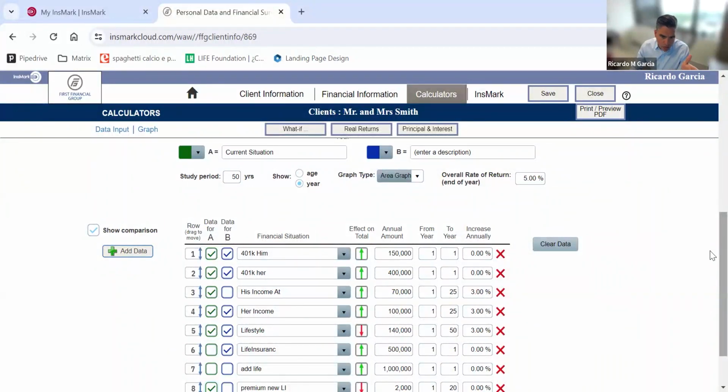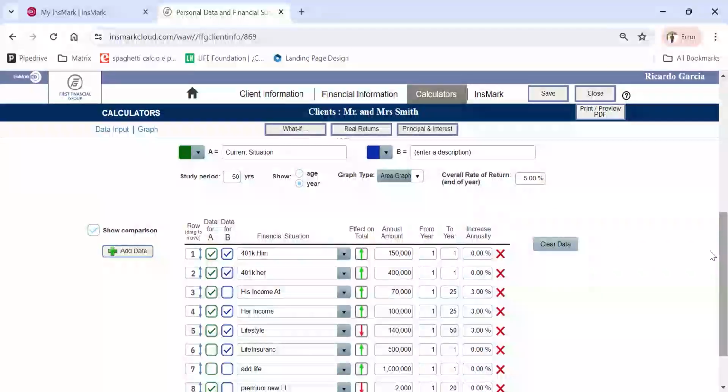Then I would show them, instead of the current path, saving $30,000 plus the 10 grand that they get, which is 40,000, if we allocated up to the match, then the rest in a brokerage account, and then maybe cut off 20% of that and put it into whole life, how that looks and how that compares. Yeah, that's an interesting play as well. I like that.